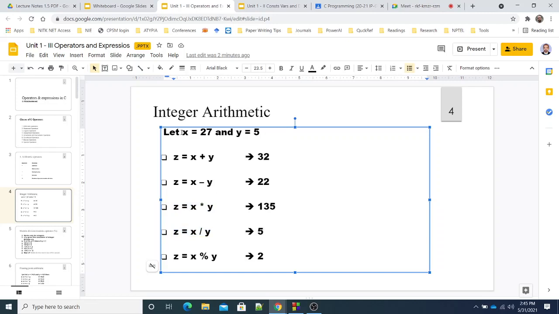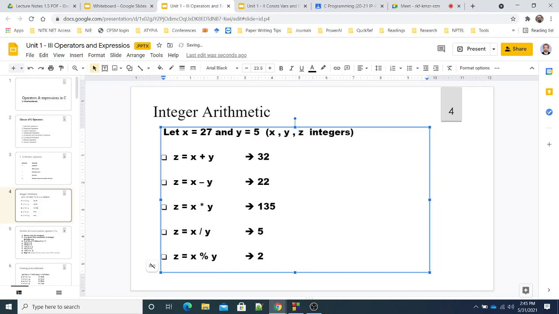Yes, I am assuming that x and y are integer variables, and z is also an integer. So I created int x, y, z in my program.